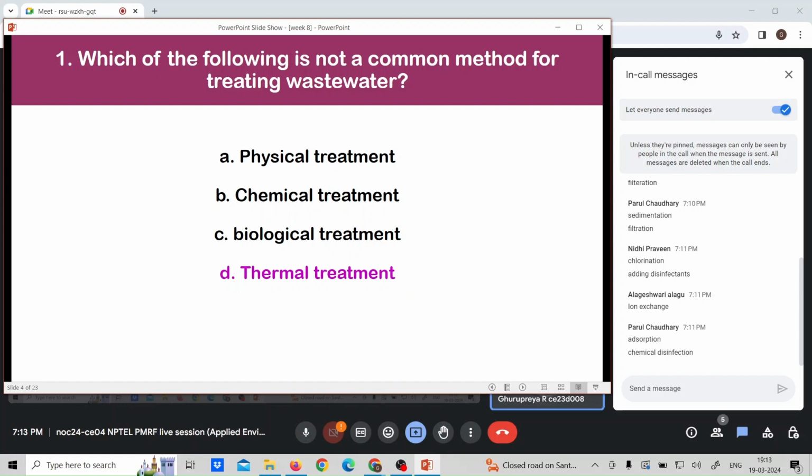Was the question clear? We have three stages, right? Primary treatment, secondary treatment, and tertiary treatment in wastewater. In which stage are these physical treatment methods predominantly used?